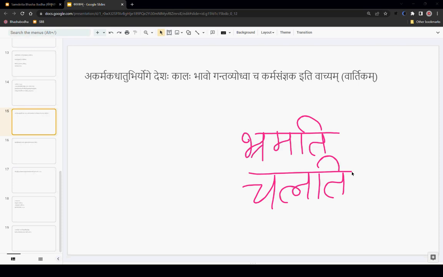Then they are wandering in the park. Udyane brahmati. Bhramaraha udyanam brahmati.